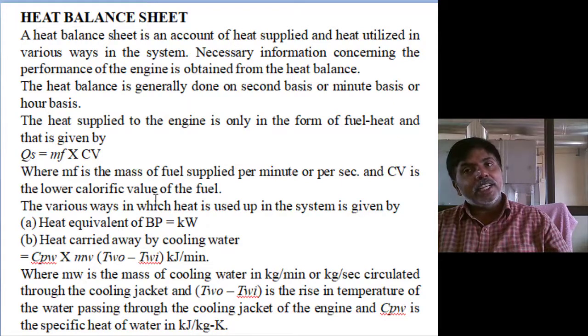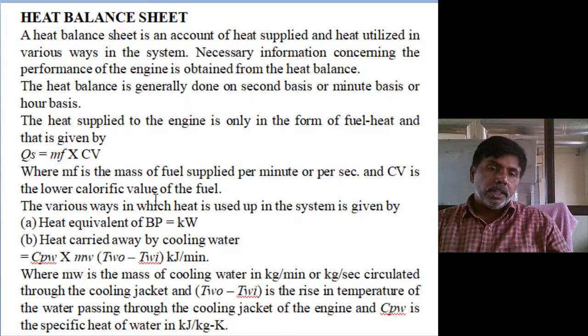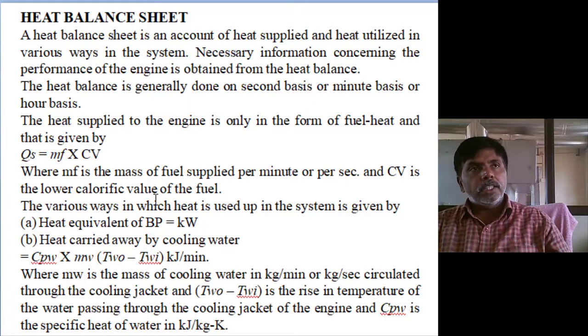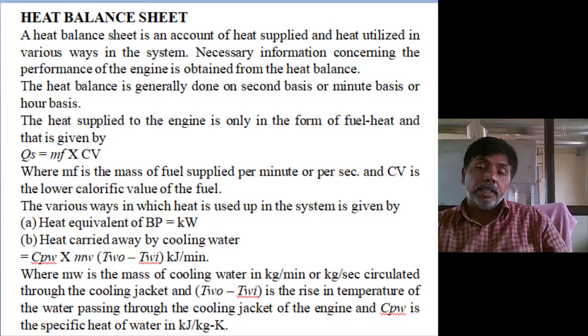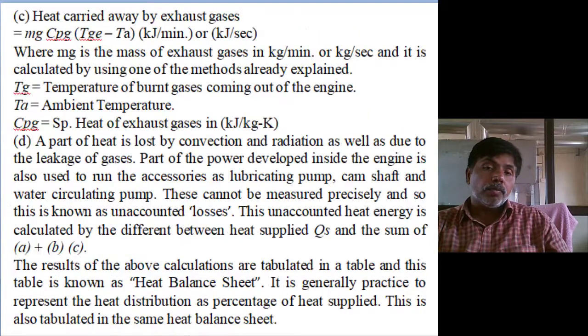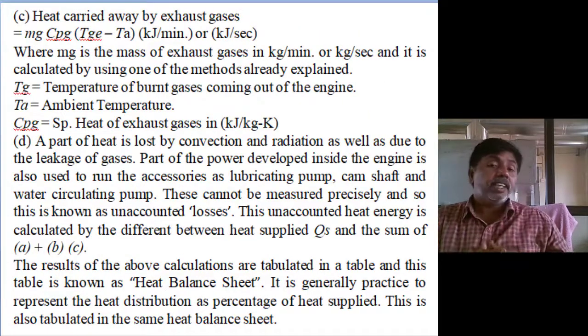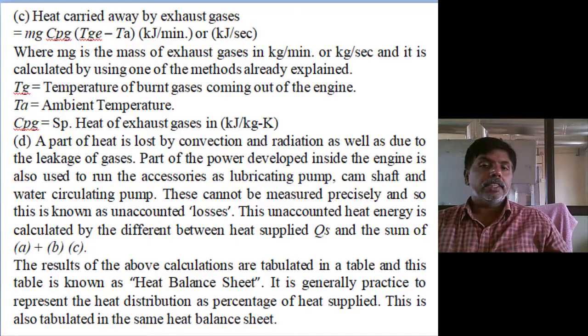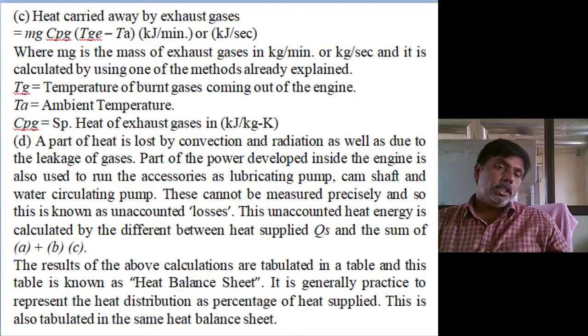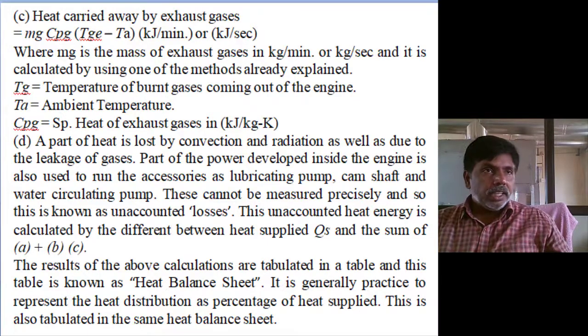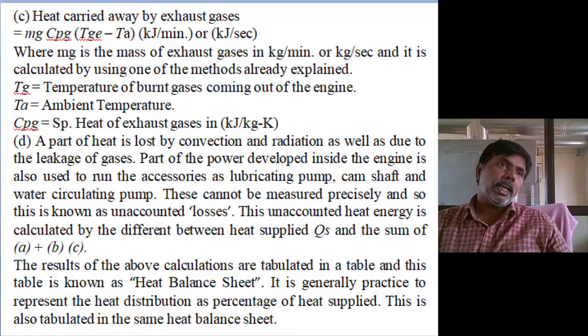Next, heat carried by the cooling water. How we are determining the heat carried by the cooling water means simply mass flow rate of the cooling water into specific heat into cooling water outlet minus inlet, then you can calculate the heat carried by the cooling water. Next, heat carried away by the exhaust. Here, how we are calculating heat carried by the exhaust gases means mass flow rate, specific heat of the exhaust gas, and T, temperature of exhaust gas minus ambient.